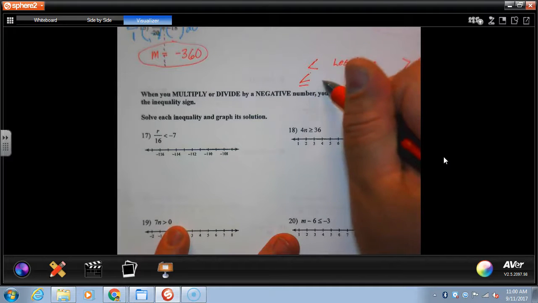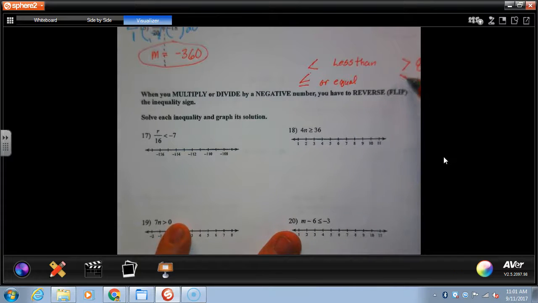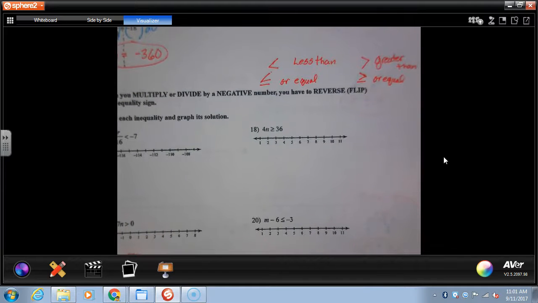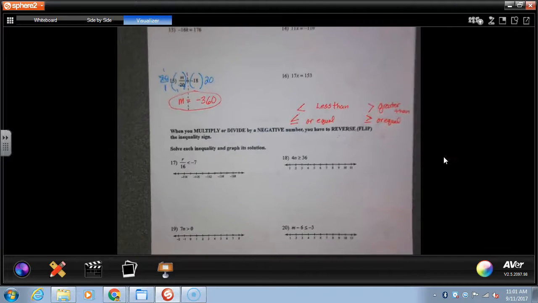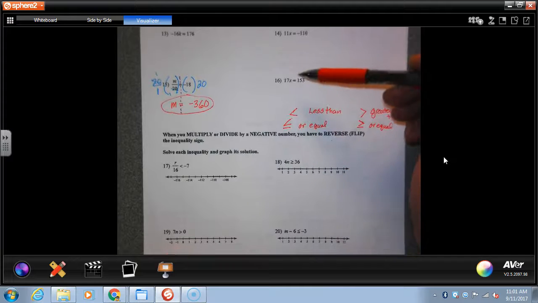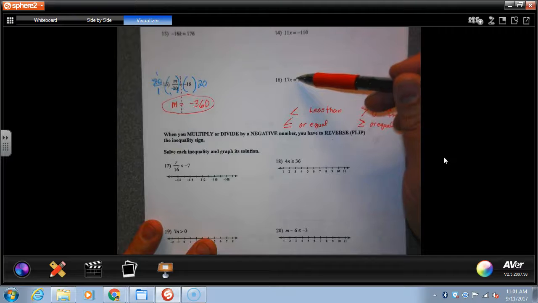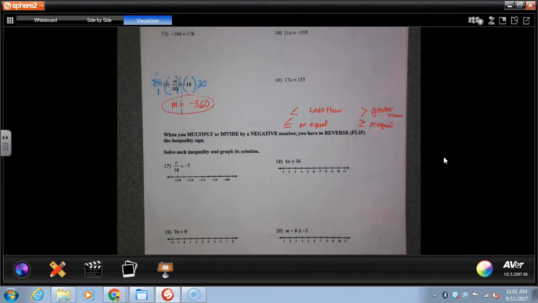Less than or equal to. Greater than or equal to. Well, if it has a straight equal sign, then I'm back to my equations, right? Yeah, so this section deals with all three signs. Well, actually five. Because it's less than or equal to, and then flip those means greater than or greater than or equal to.